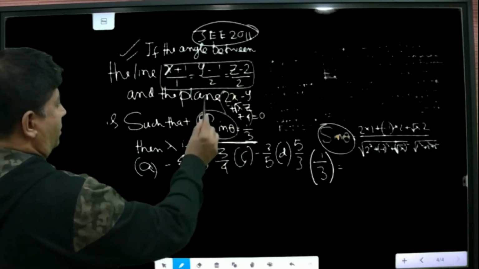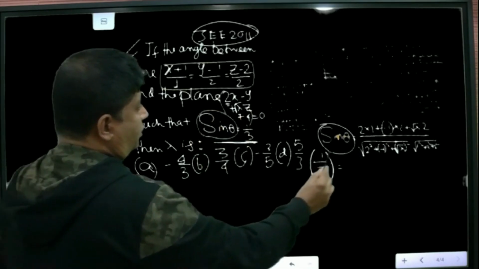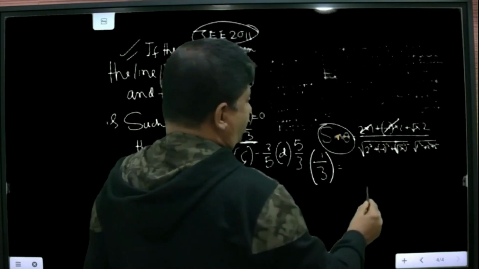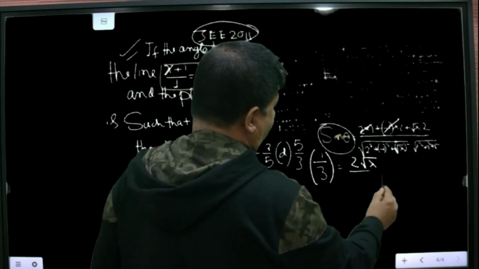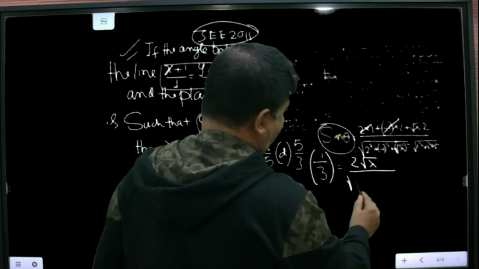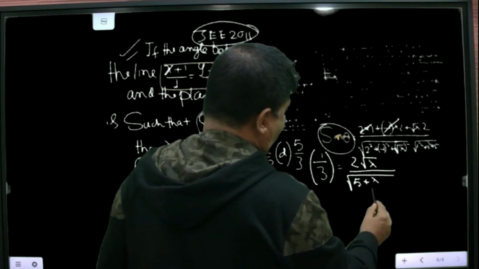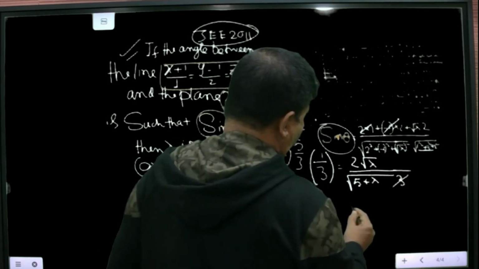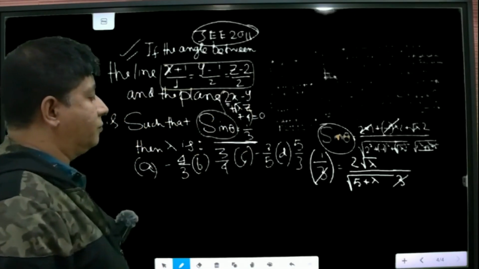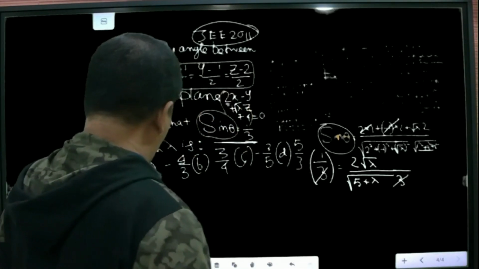Earlier we got 2 into 1 minus 1 into 2. So 2 minus 2 cancel. 2 root lambda by root of 5 plus lambda into root 9, means 3. 3 cancel.